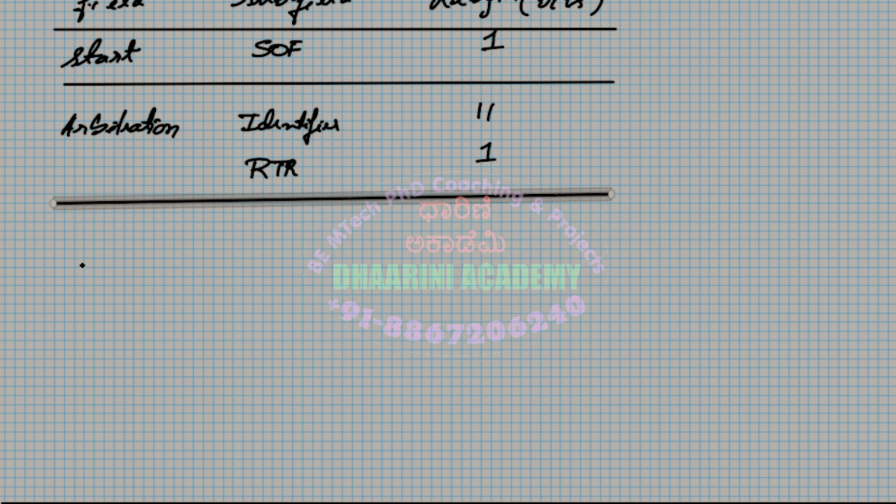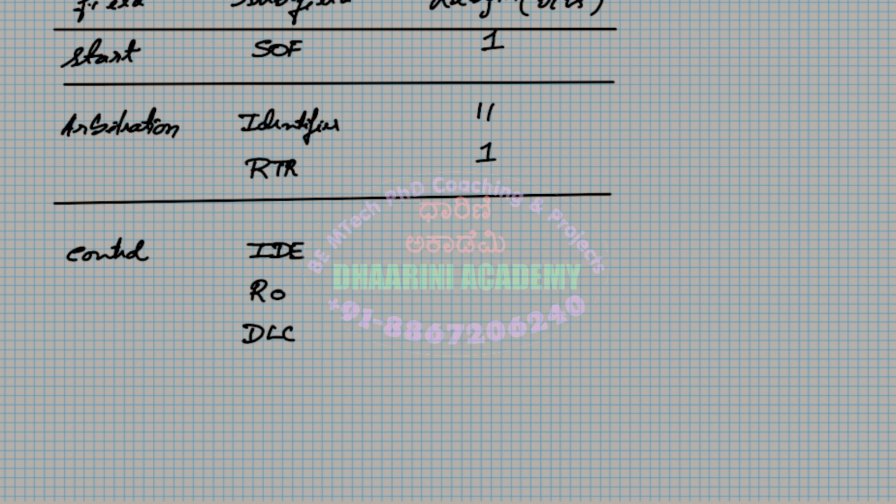Let's move further. The next field is called the control. In the control, normally we have three subfields. One is called the IDE field, then we have a field called R0 and another field called DLC. DLC is the data length code field.